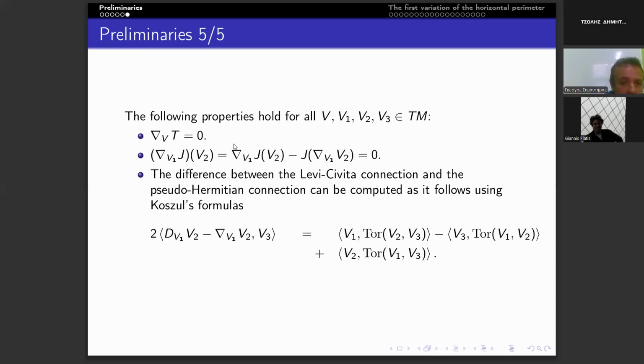Finally, here are some properties for the torsion and the nabla, and we can compute the difference between the Levi-Civita connection and the pseudo-Hermitian connection via Koszul's formula, presented in this equation here.